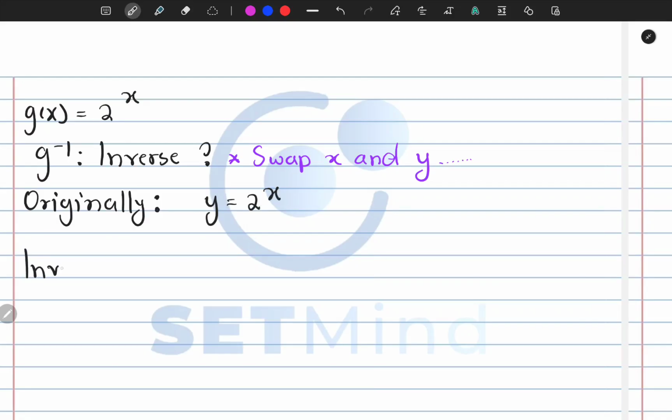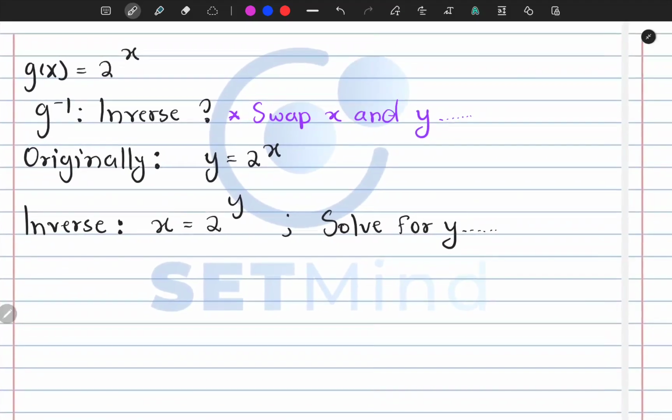Now, when I'm looking for the inverse, I'm going to swap x and y. So where there was y, there's going to be x, and where there was x, there's going to be y. Then what I need to do afterwards is to just solve for y. And the y which I get there becomes my inverse.